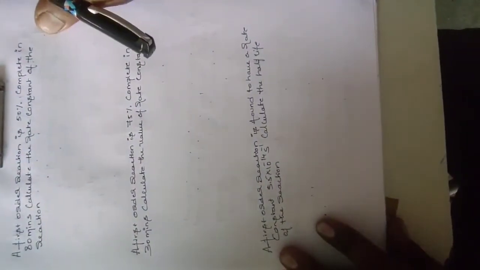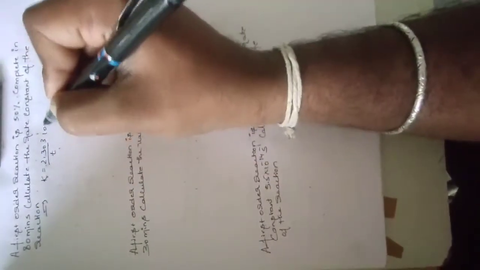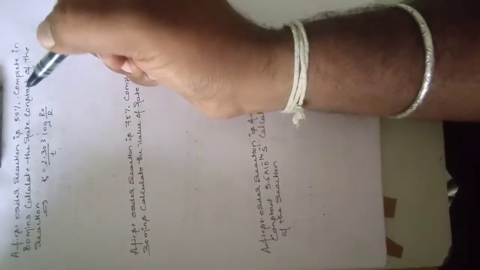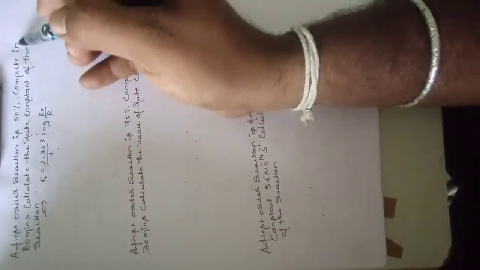The first problem is a first order reaction that is 50% complete. We have the formula for first order: K is equal to 2.303 by T log R naught by R. First order reaction is 50% complete in 80 minutes.